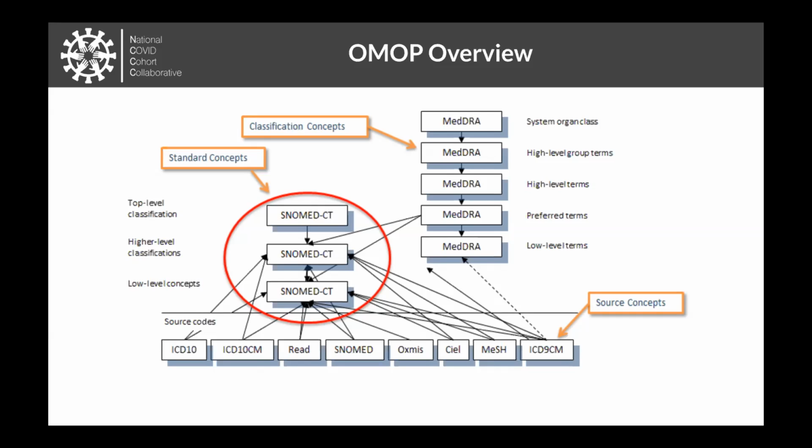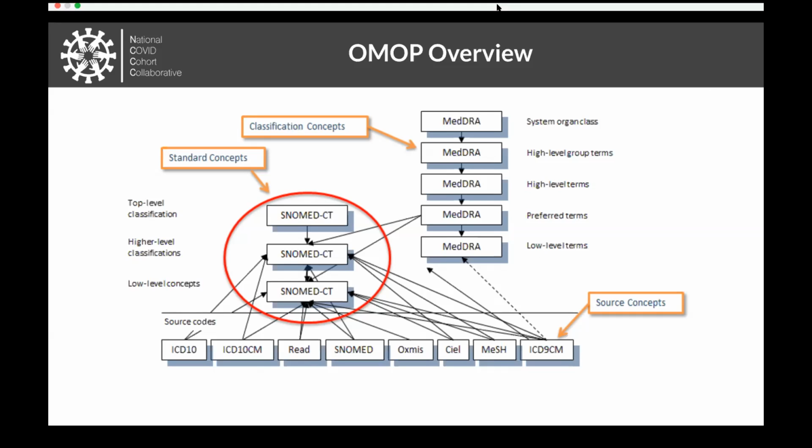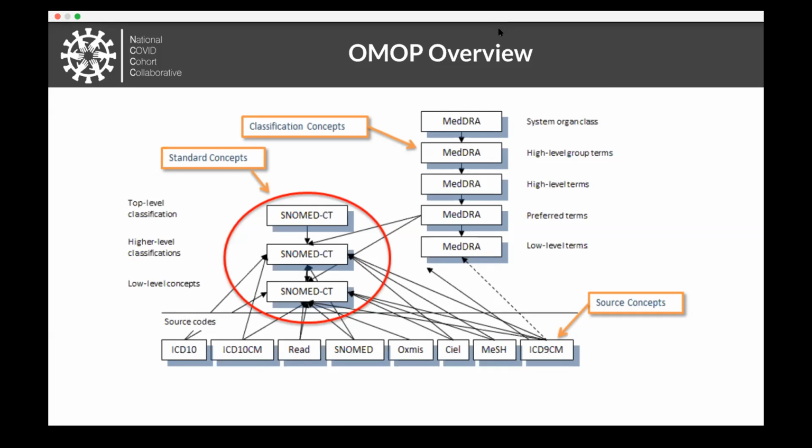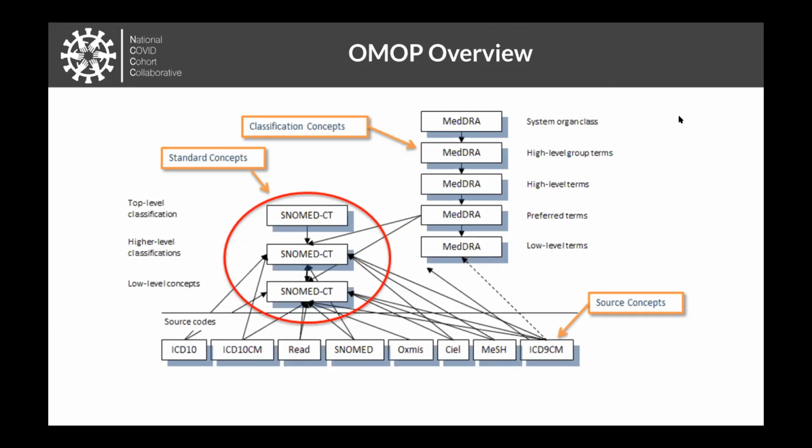But we map them all into SNOMED, and from there we can also use SNOMED as a classification, because SNOMED has a really great existing hierarchy that makes it really helpful when you're starting to create those concept sets or code sets. It can be really useful to start with one idea, and then you can start to walk up the hierarchy or down the hierarchy depending on the level of granularity you need for your specific project.